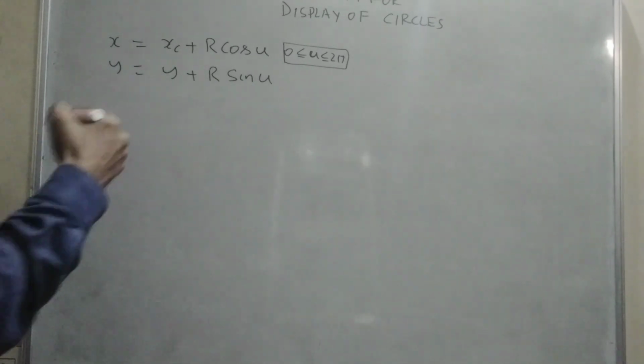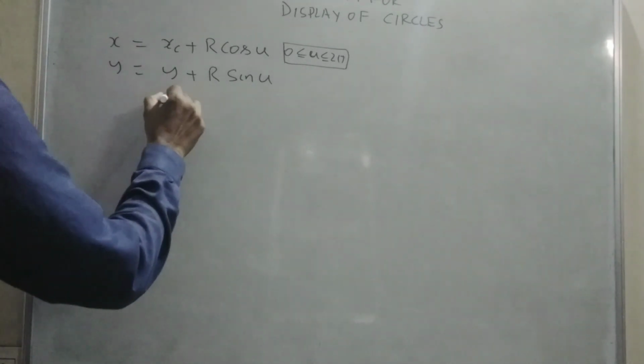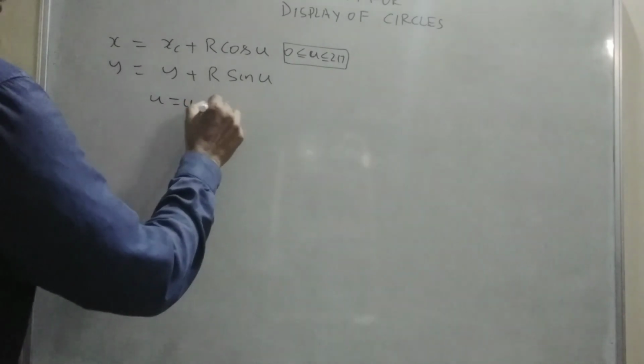Now, for the next point, you have to increment u to u plus delta u.